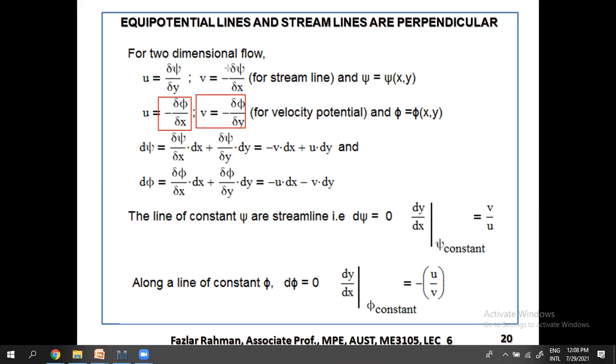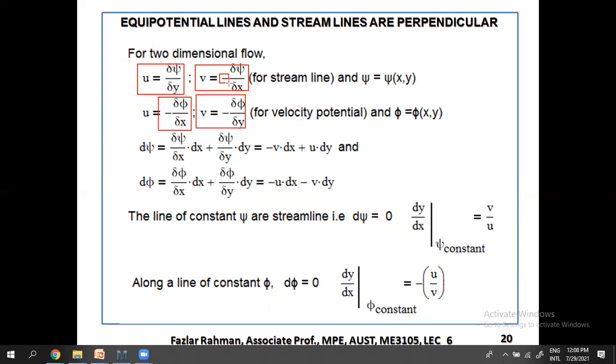So v equal to minus del psi by del x. Similarly, you are making the derivative along y, so it is giving velocity along the x-axis. So u equal to this one. Just refresh it again. And you remember, the negative sign over here is to satisfy the continuity equation.